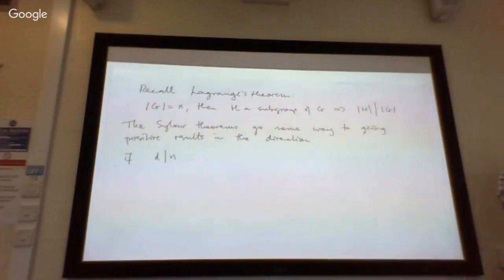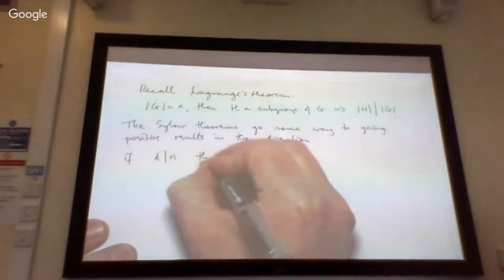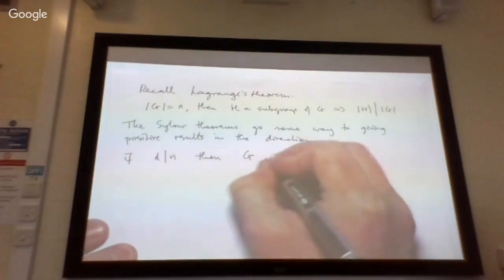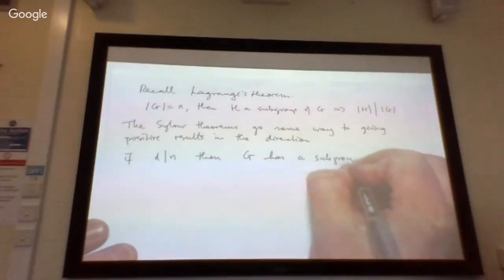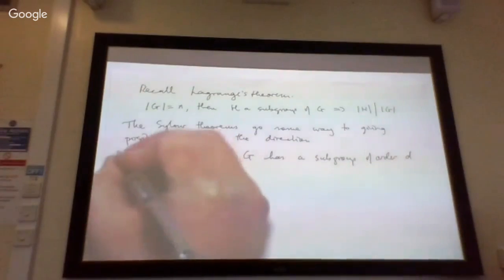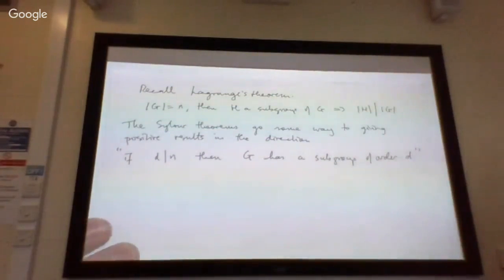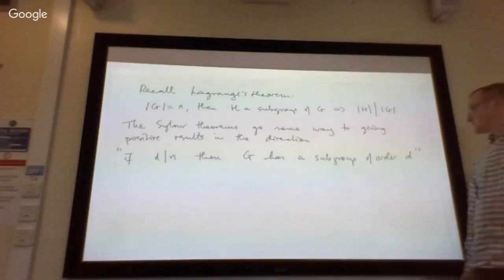So they go some way to giving positive results in the direction that if D divides n, then G has a subgroup of order D. I'll put that in quotes because that is certainly not true in general. It's not true for every divisor of the size of the group that the group necessarily has a subgroup of that size.